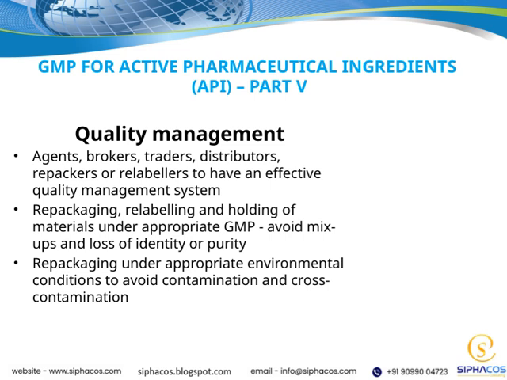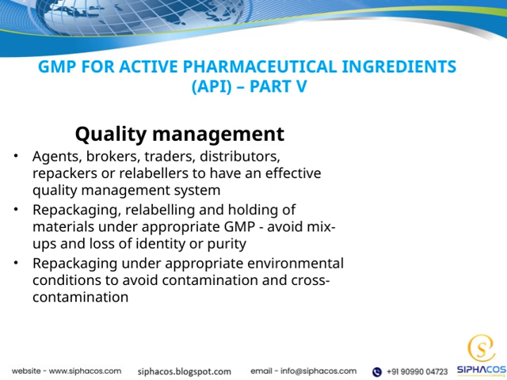It's equally important that repackaging occurs under suitable environmental conditions. This helps prevent contamination and cross-contamination, which can compromise the safety and quality of the active pharmaceutical ingredients. Maintaining strict environmental controls is a core part of GMP to ensure product integrity.